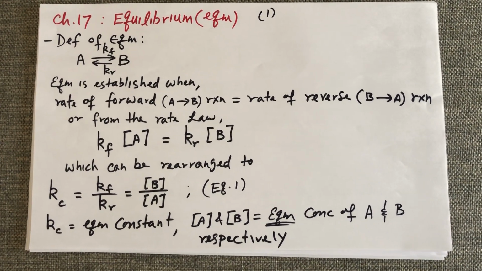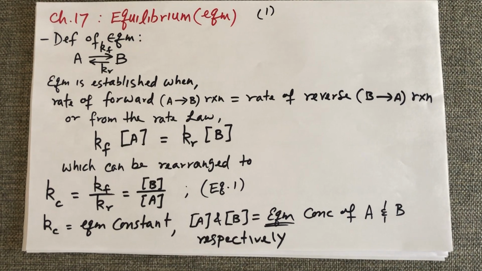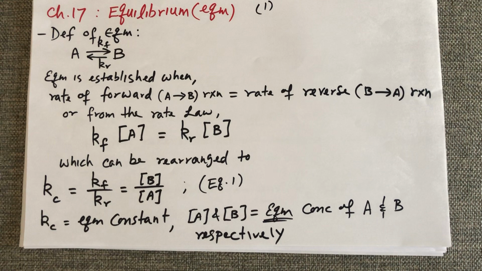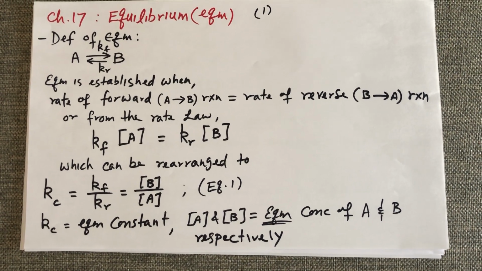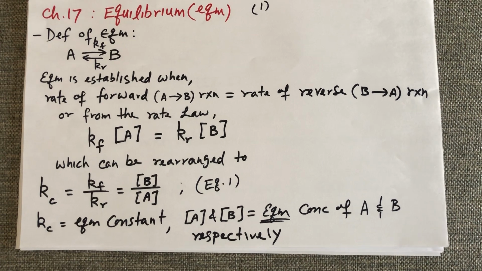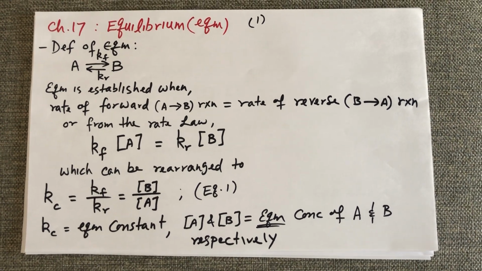Now, that equation, Kf times A equal to Kr times B, can be rearranged into equation 1. In other words, I'm just rearranging that equation to write a Kc expression.